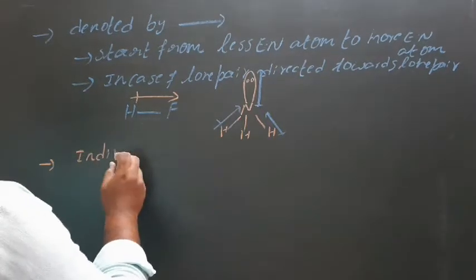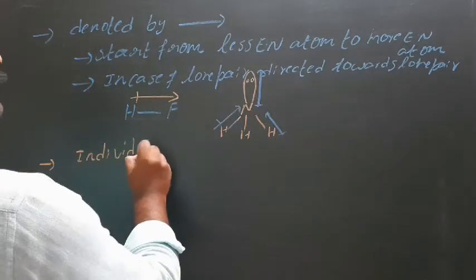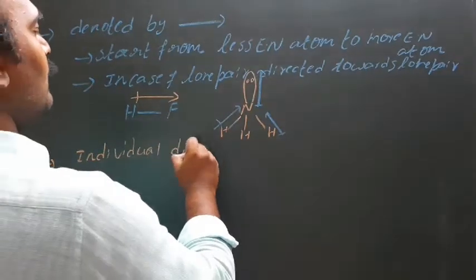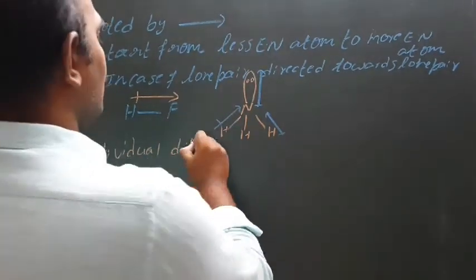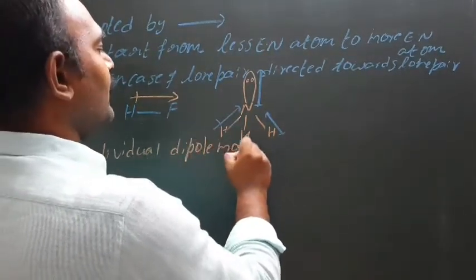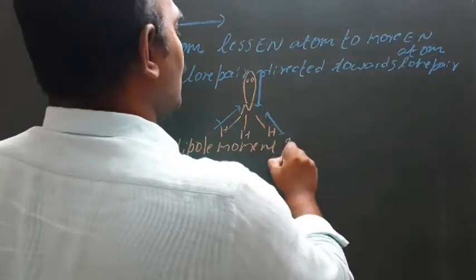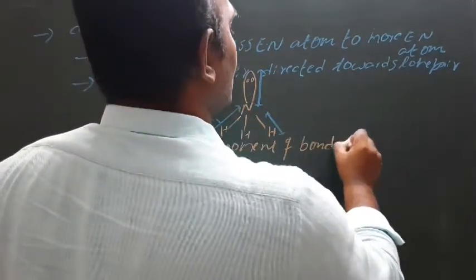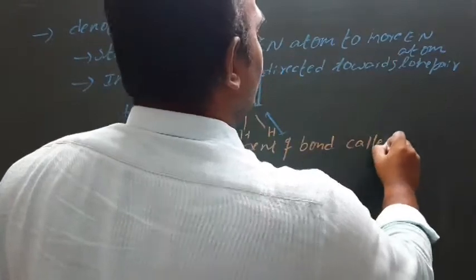Next, the individual dipole moment of a bond is called a bond moment.